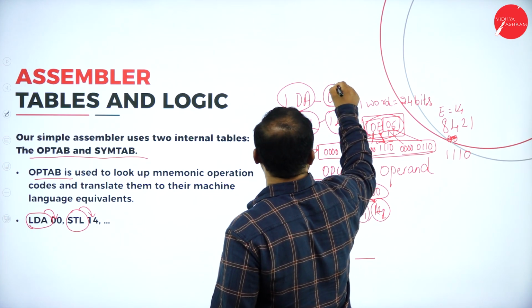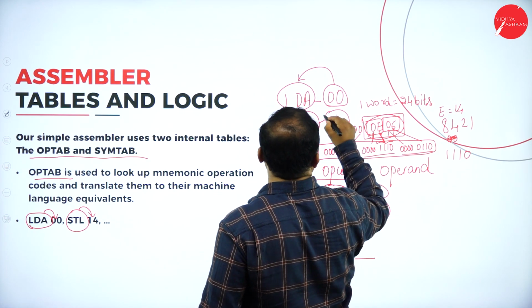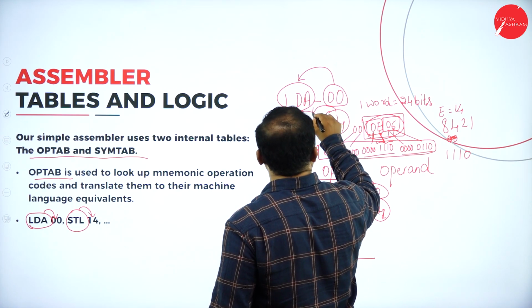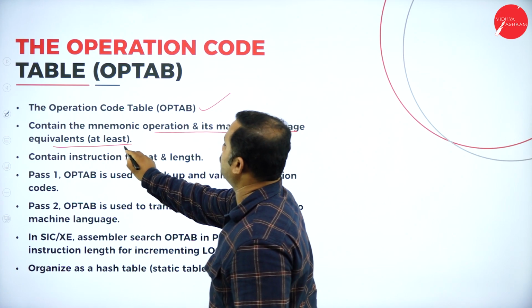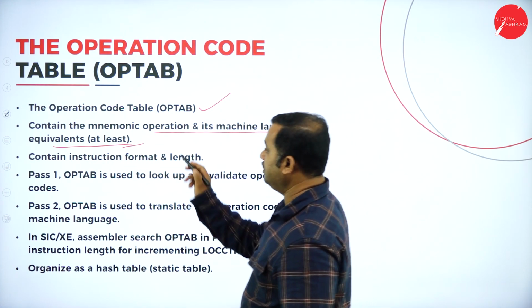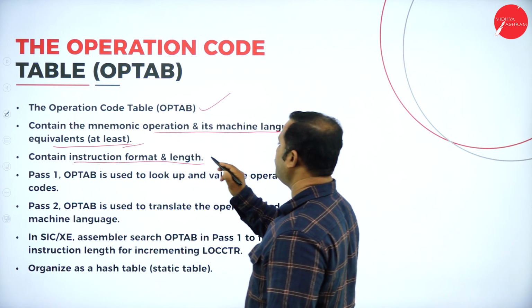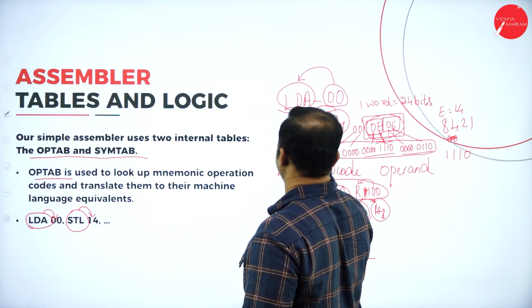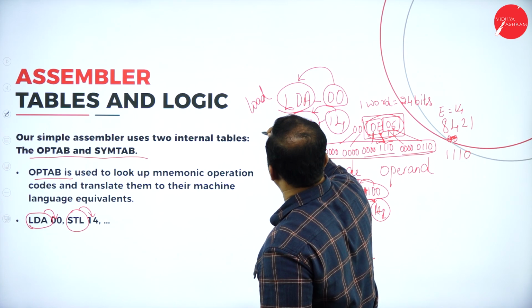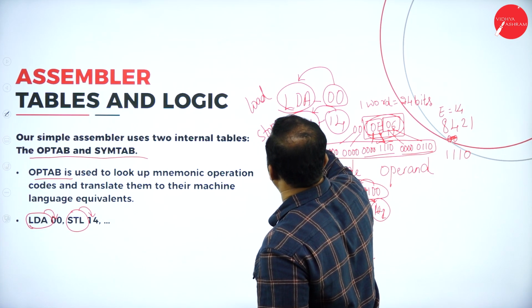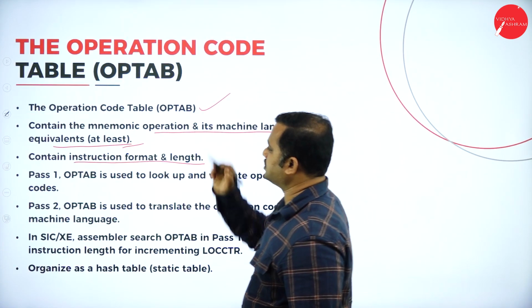This is the numeric information of mnemonic LDA, and this is of mnemonic STL. So these kinds of information are stored here. And then it contains the format and length. What is the format of this? This is the load format. This is the store format. This is how it is formed.